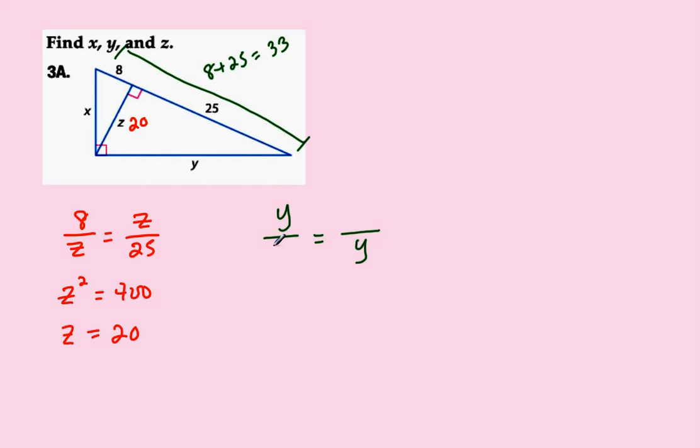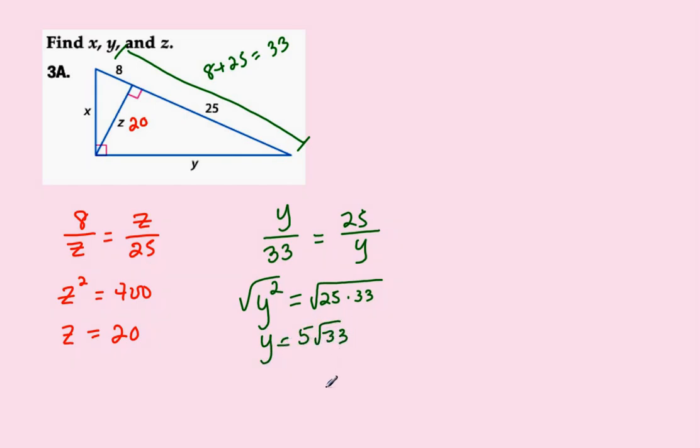So it's a geometric mean between the entire hypotenuse and the adjacent segment. Adjacent to y is 25. 33 times 25, well, I guess it doesn't really matter because I'm going to want to break it down in a second anyways. So it's the square root of 25 times 33. So y equals 5 times the square root of 33, leave it exact.